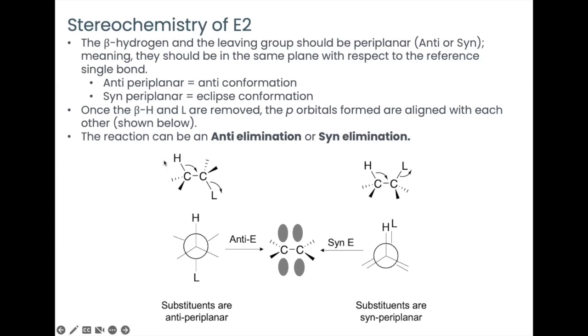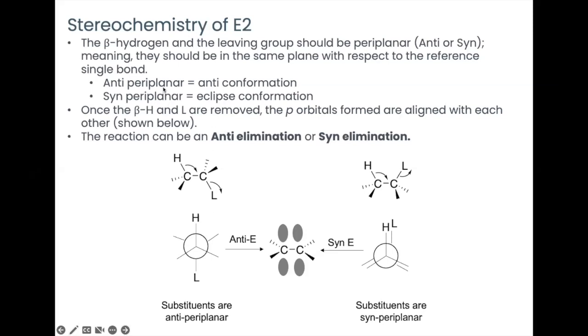Diba? We're looking at the hydrogen and the leaving group. Anti ang position nila. Versus this one, this is eclipse. Diba? Yung leaving group mo is eclipsing this hydrogen. Okay? Or ayan, something like this. Diba? Eclipse versus anti. Okay?